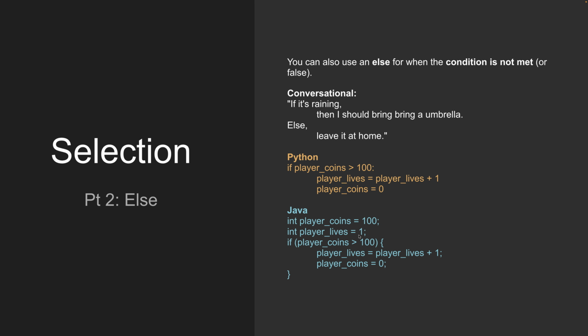So if this value at 100 is not greater than 100, it is equal to 100. If this was greater than or equal to 100, then I would see this player lives plus 1, player coin go down. So it's only once you're at greater than 100 that this is changing.